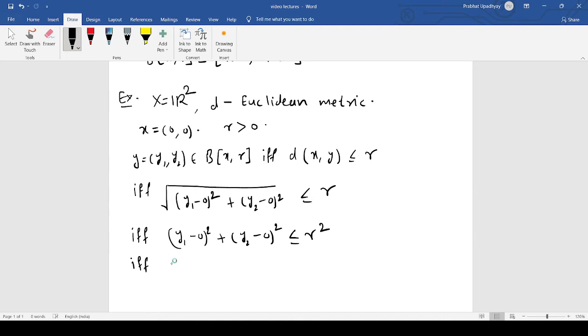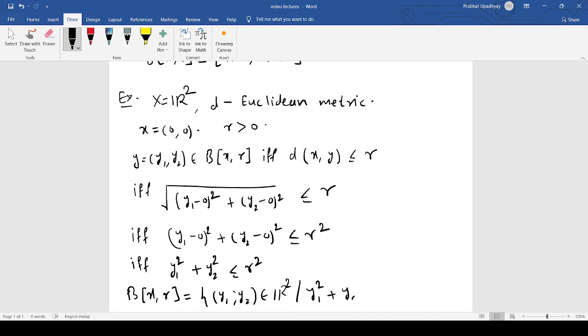This you can write as y1^2 + y2^2 is less than or equal to r^2. That means you can say your closed ball B[x, r] is equal to the set of all elements (y1, y2) in R^2 such that y1^2 + y2^2 is less than or equal to r^2. And geometrically, what does it represent?